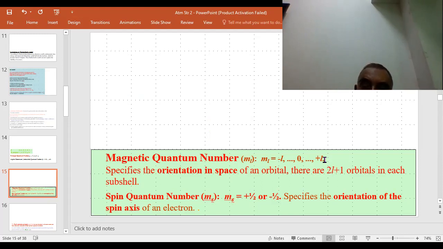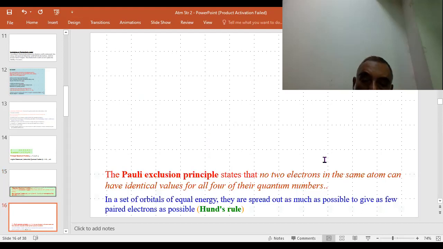That is 2 times 1 plus 1, that is 3, which are given as Px, Py, and Pz. Thus, we can assign 4 quantum numbers to a particular electron.